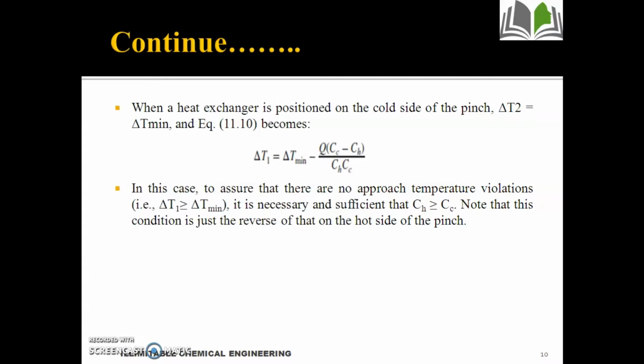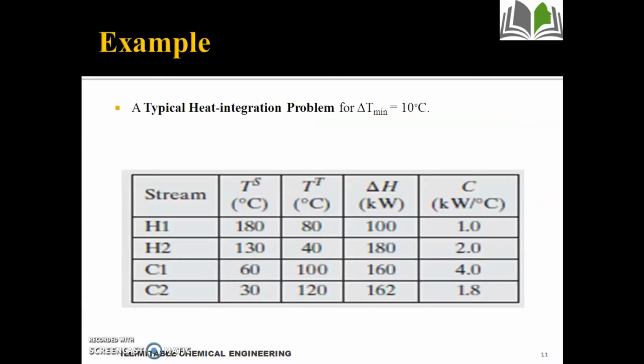we will see one of the typical heat integration problems, which has a total of 4 streams: H1, H2, C1, C2, right? All the data are given here. This is the problem we have already shown in the temperature interval method, with the same data.